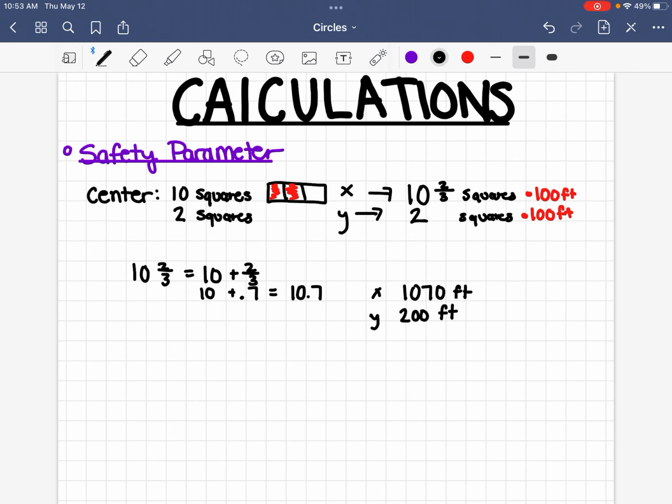So this is my center, okay? Center's right here. You can also write it as 1070, comma 200. Whatever helps you identify best.